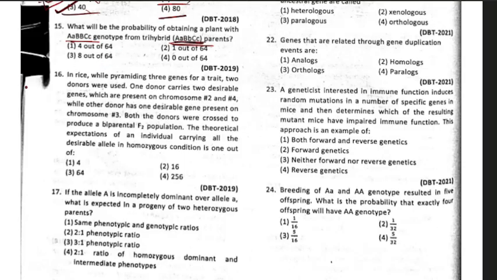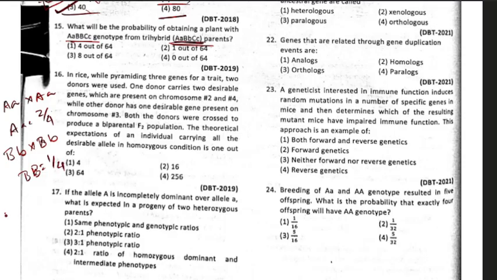From Aa crossed with Aa, as both the parents are the same, we have to get Aa, and the probability of getting Aa is 2 by 4, that is 1 by 2. Okay, Bb crossed with Bb, and we have to get B, and this is the chance of 1 by 4.